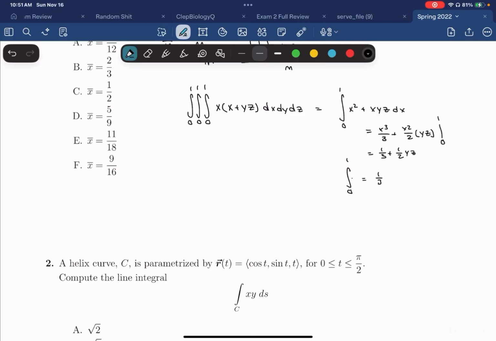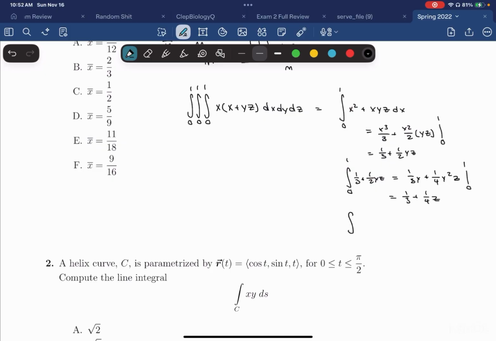Of 1/3 plus 1/2 yz, you get 1/3 y plus 1/4 y squared z from 0 to 1. That simply gets you 1/3 plus 1/4 z.